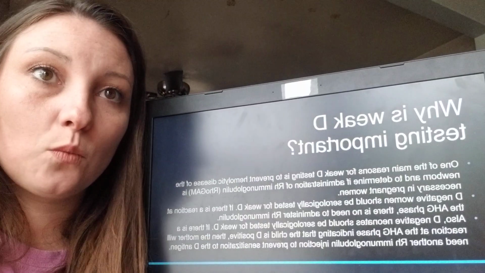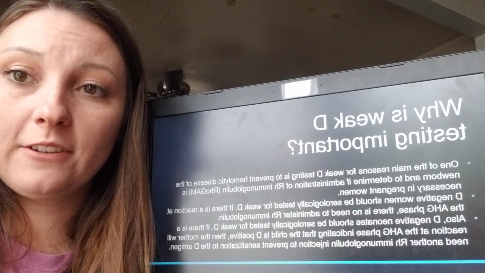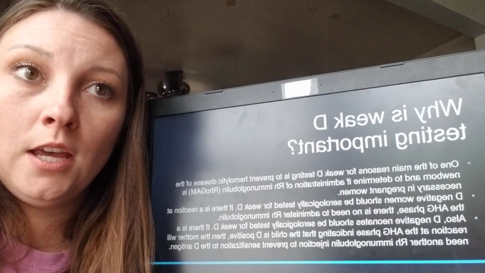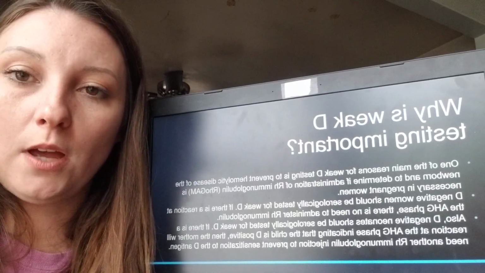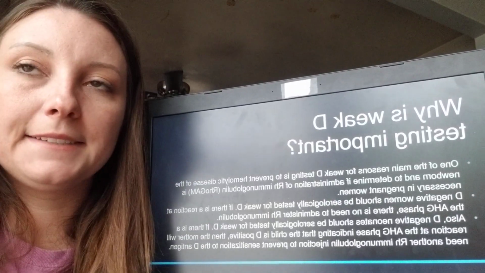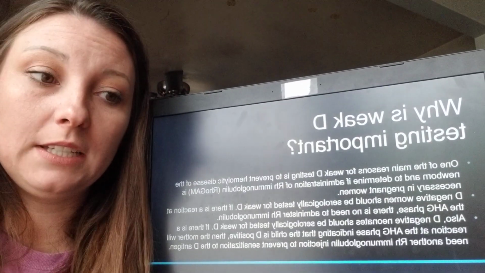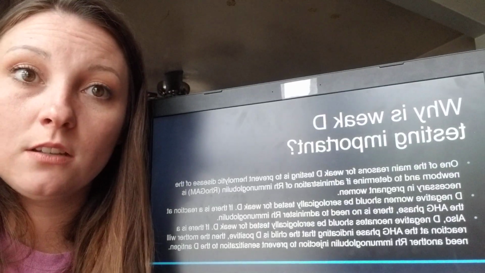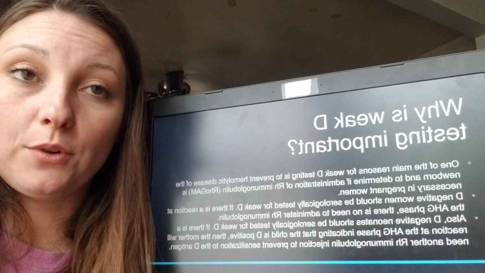And then why is weak D testing important? Weak D testing is important in the lab mainly to prevent hemolytic disease of the newborn by determining whether or not a mother needs RhoGAM. So Rh negative mothers will be typed for weak D, and also Rh negative infants will be typed for weak D. Because if the mom is truly Rh negative, then she would not need RhoGAM throughout her pregnancy.